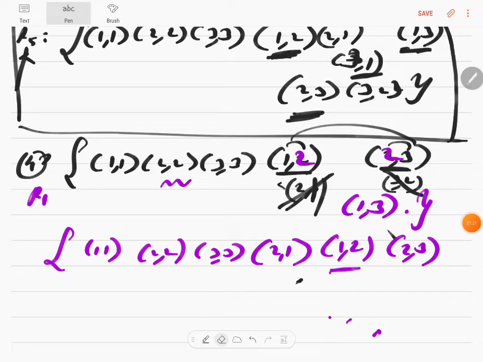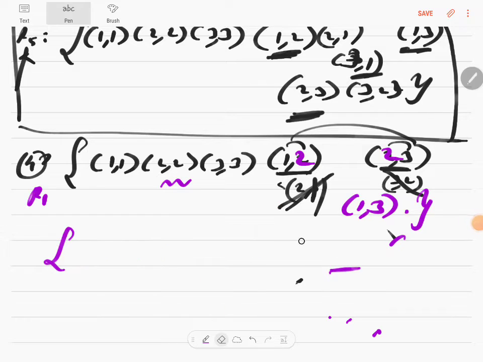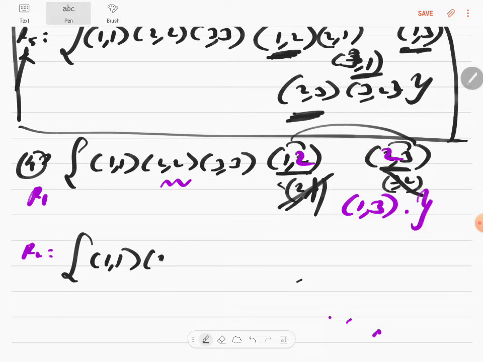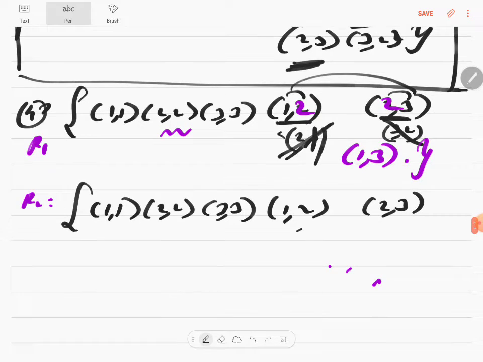Let me pause. So let's write relation 2: (1,1), (2,2), (3,3). A (1,2) and a (2,3) must be compulsorily there. Now let's write only this (2,1). Let's not write (3,2). But to make it transitive, I should write (1,3) and close it.